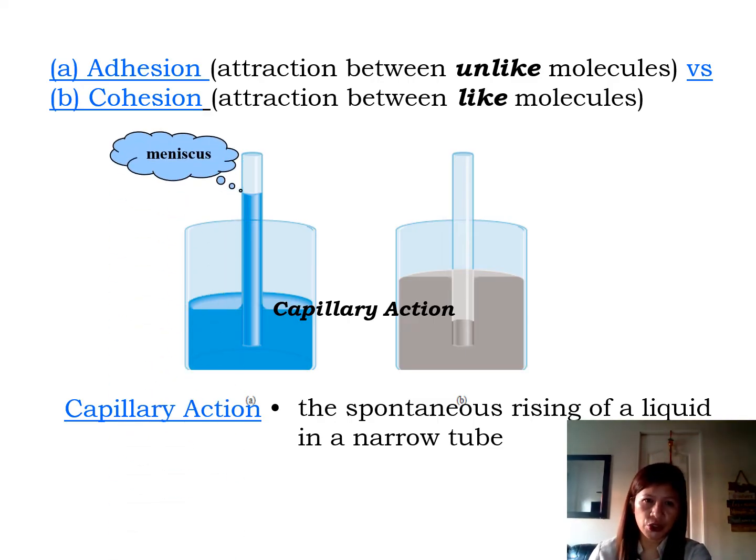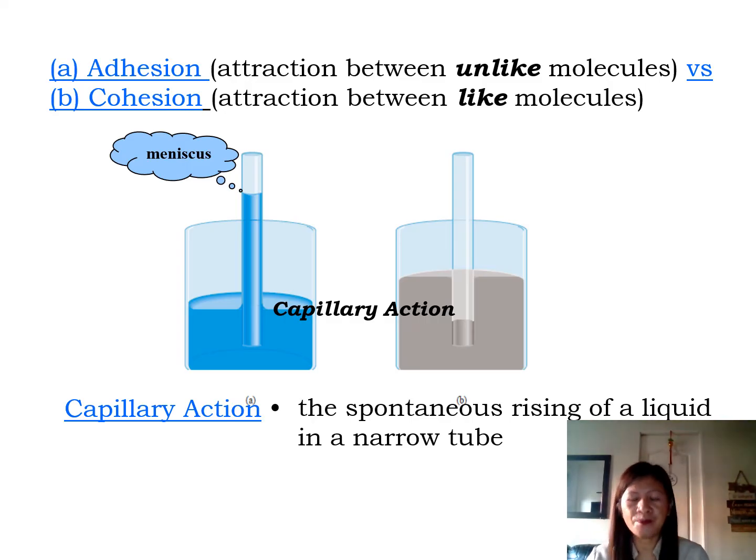Notice the meniscus. Meniscus can be concave, like what forms here in water, or convex, as what forms here with mercury. Why is there a concave meniscus and a convex meniscus? Concave meniscus, as in water, happens when the adhesive force is greater than the cohesive force, meaning the attraction between the water and the glass is stronger than the attraction between the water molecules.